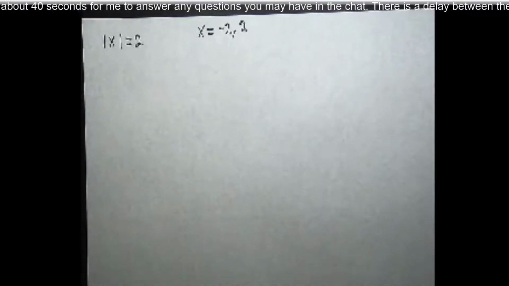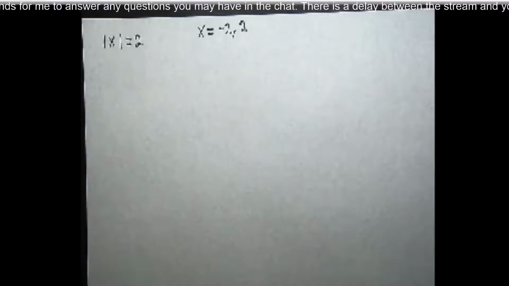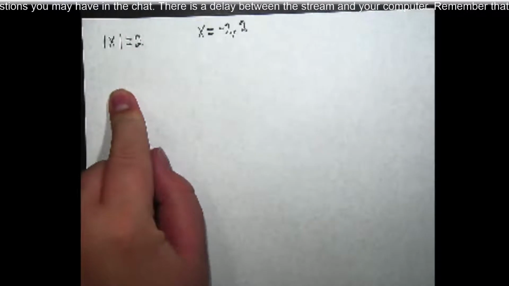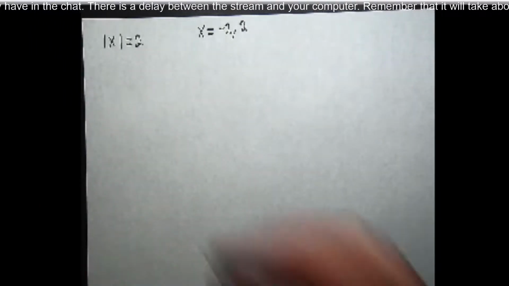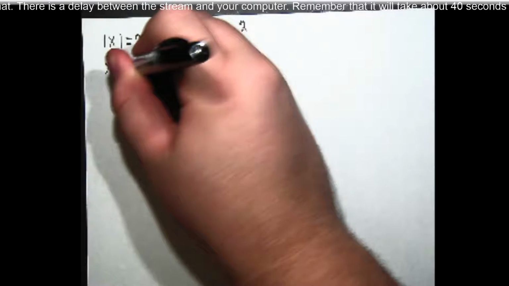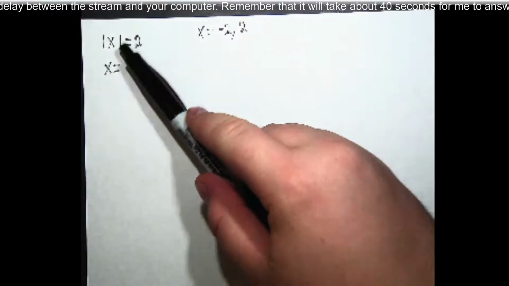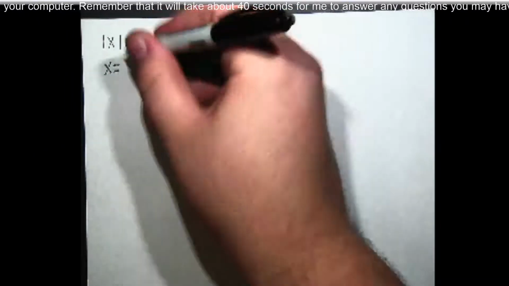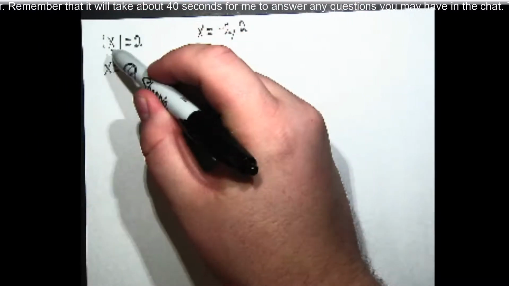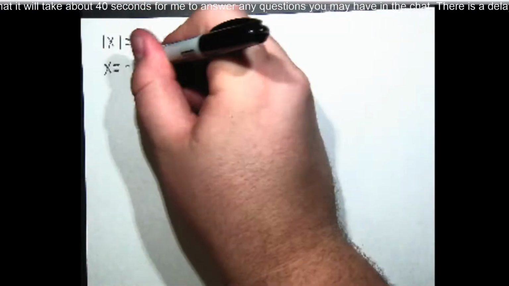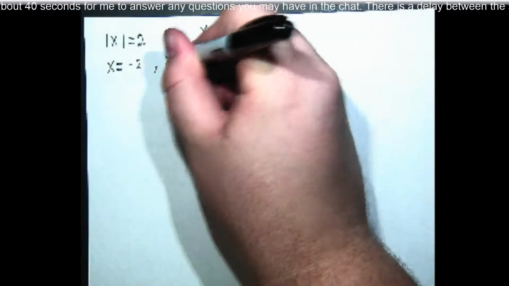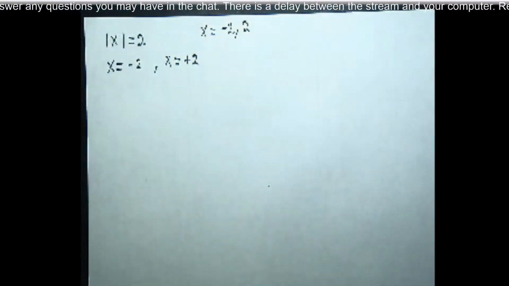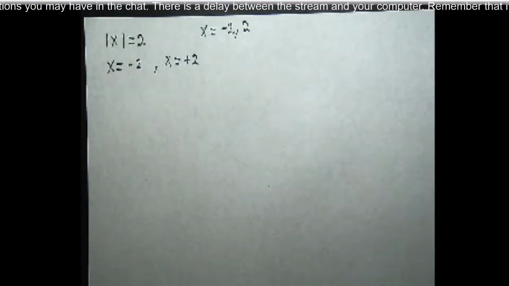Okay, so what we have done here is not really solve this thing. What we've done is we have isolated x. We've pulled x out of here, and we said that if the absolute value of x is equal to 2, then the two possible things that we could plug in for x to get this are negative 2 and positive 2. Right? Makes sense?